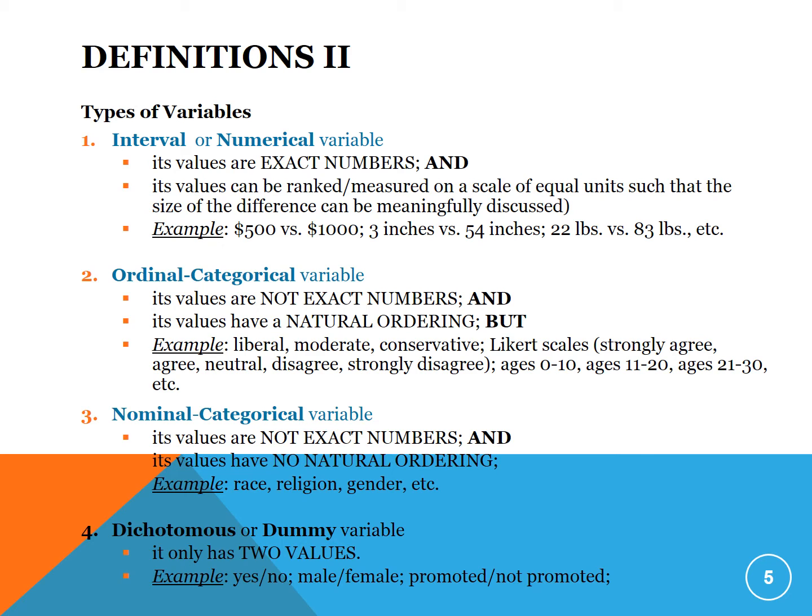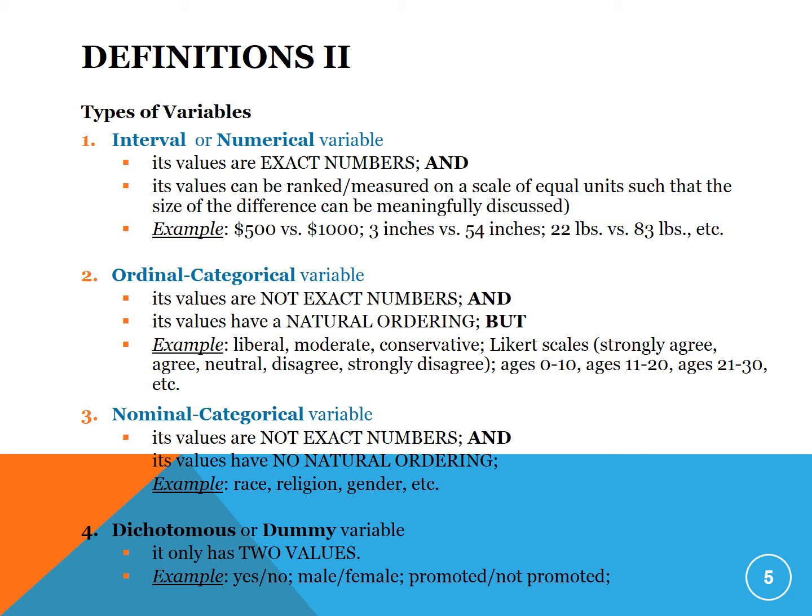So let's move on to Likert scale. You've taken surveys before where they ask you, on this scale between strongly disagree to strongly agree, what choice do you select? For Likert scales, it's not an exact number.